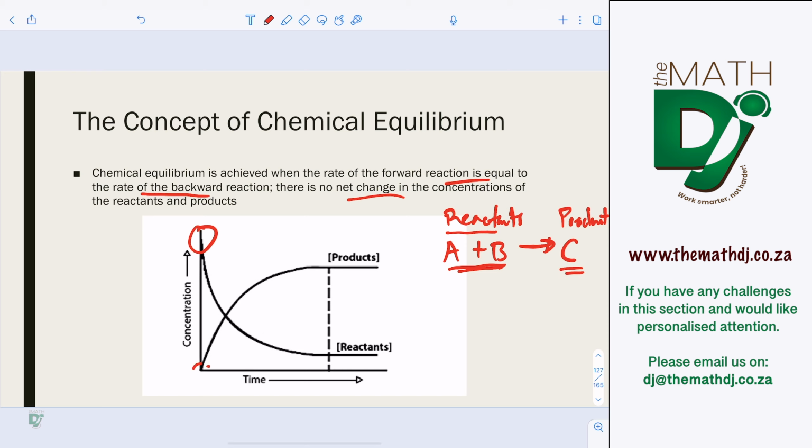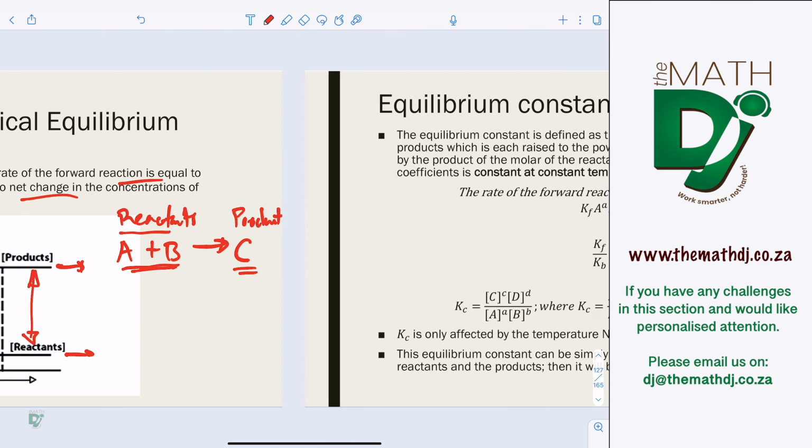The level of C at the beginning is 0, but when the reaction is occurring, the concentration of C will increase until it reaches a stable level. At this level, that's where we reach chemical equilibrium, because there is no more increase or change in concentration of the reactants or the products. So that is the concept of equilibrium.